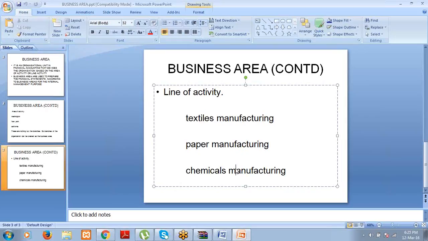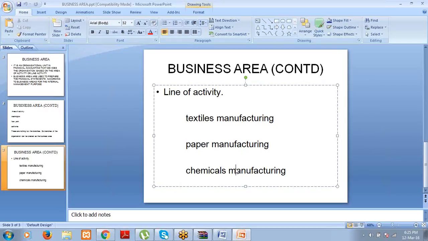And the definition of business area is only optional because it's not legally required to prepare and present the financial statements for the business area. If you remember in the previous class, I told you that if any reporting is legally required, that reporting is mandatory. If any reporting is required according to the will and wish of the management, then that reporting is optional.